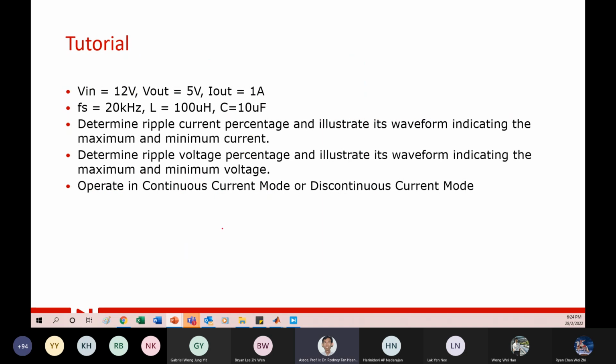This tutorial is just a sample of how your final exam will look. For example, I want an input of 12 volt, 5 volt output, and my inductor is 100 and a capacitor. I give you the values and you determine the ripple in percentage, and show the voltage ripple in percentage.